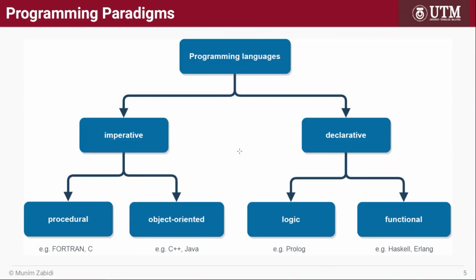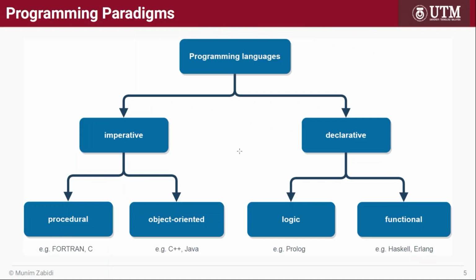These two are quite different in terms of usage. Imperative falls into two groups: procedural, like the one that we used to use, with examples such as C and Fortran, and then object-oriented, such as C++ and Java, as mentioned just now.